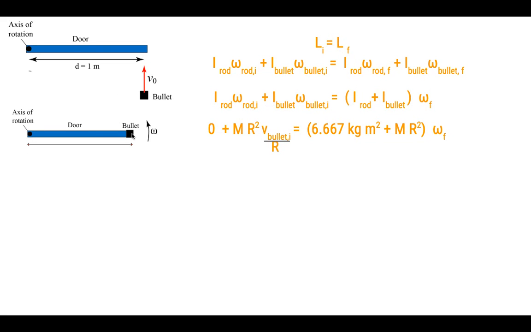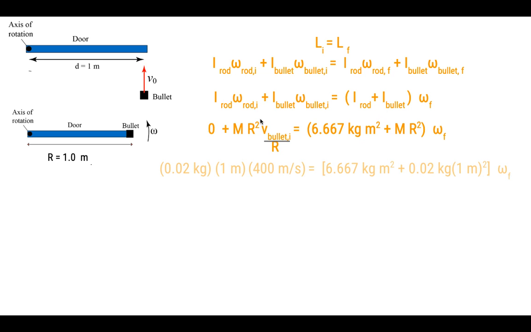So r must be the distance from the point particle to the axis of rotation. That distance is the length of the door because it hits on the outer edge of the door. So r here for a point particle needs to be L, which is 1 meter. So one of those r's will cancel.